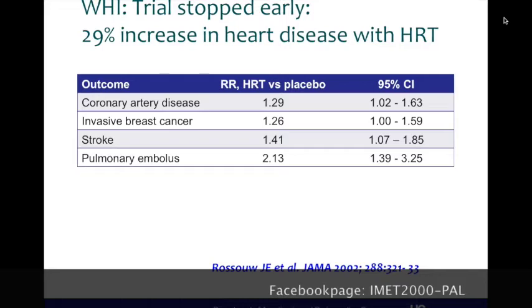The first randomized controlled trial of estrogen replacement was called the HERS trial. It was started in 1992. They looked at secondary prevention, meaning prevention of cardiac events in people getting hormone replacement or placebo. They looked at 2,700 women with established heart disease.